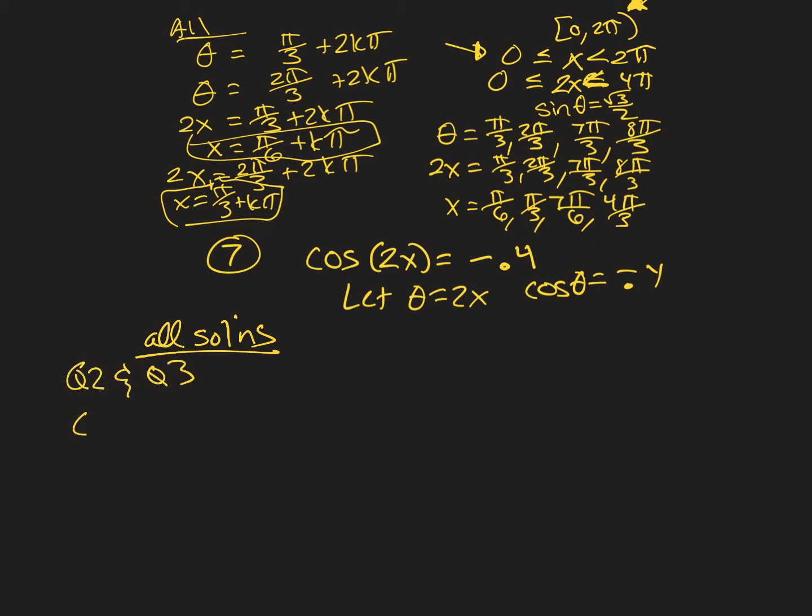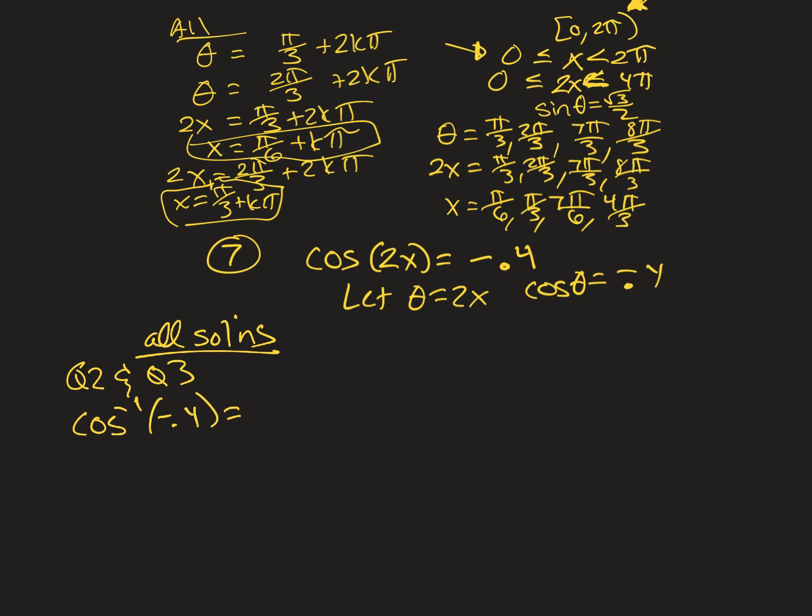So when you put inverse cosine of negative 0.4 in your calculator, and we're going to do this in radians, now that we know the range of inverse trig, we know that our calculator will give us a quadrant 2 angle. So let's figure out what that quadrant 2 angle is.